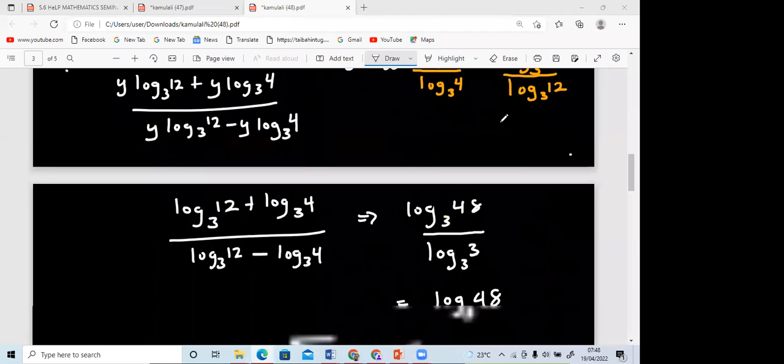Okay, maybe let me do the right hand. So in case I want to take the left hand side, I want to start from the other side. I know very well that I have log base 4 of m is equal to a.